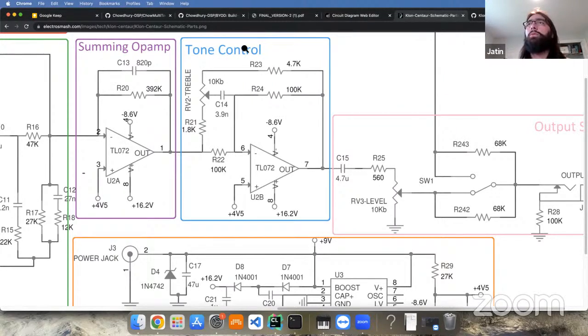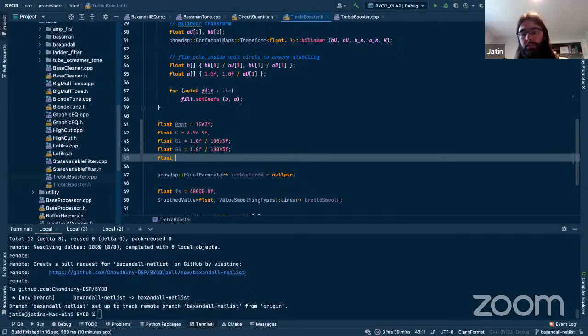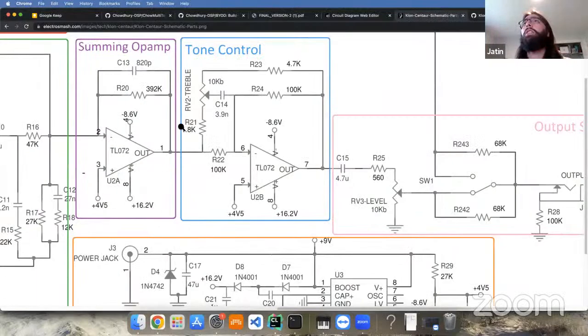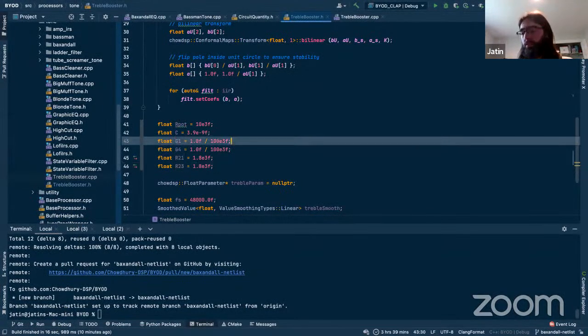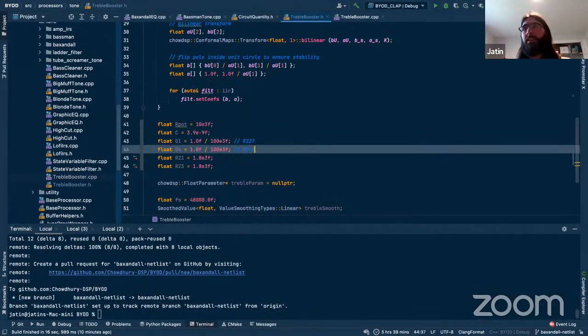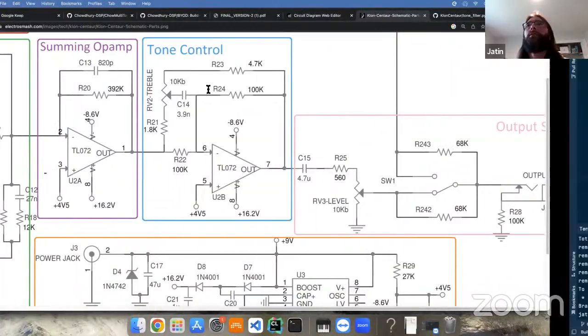So R21 is 1.8K, and then the other one is R23. So for now, we're guessing this is R22, and this one is R24. We can correct that if it's wrong. Oh, whoops, I got that wrong. 4.7. Okay, that's right.